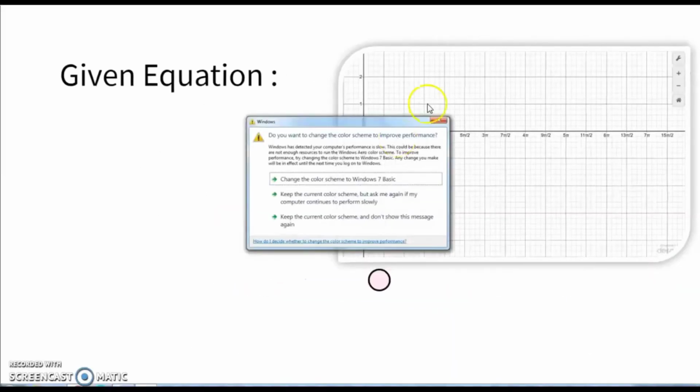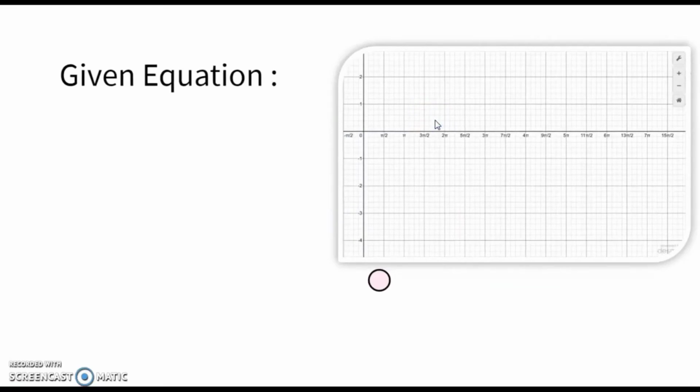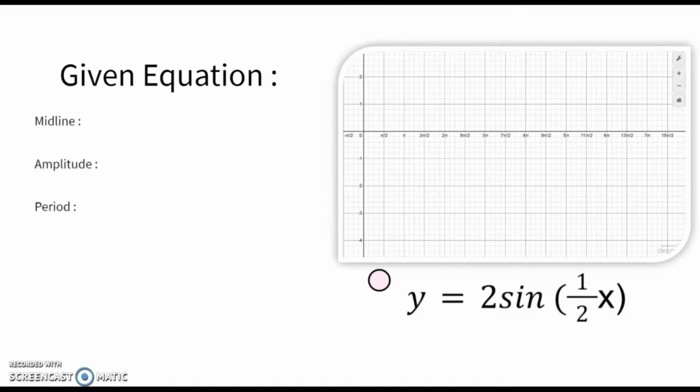So the second way you can find the midline, amplitude, and period is from a given equation. Here is the equation y = 2 sin(1/2 x). So how do you find the midline, amplitude, and period? Since there's no horizontal or vertical shift in this equation, we assume that the midline is equal to 0.